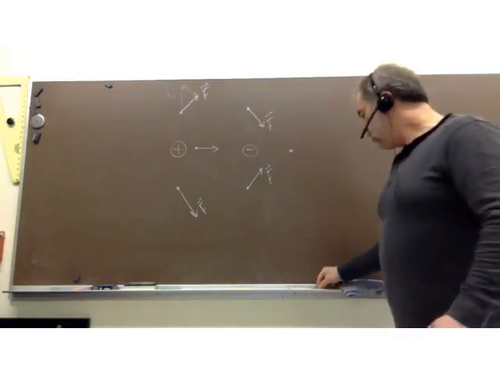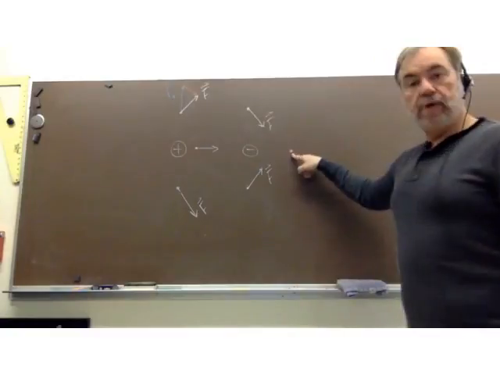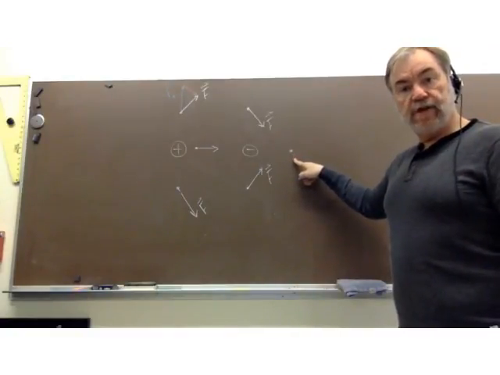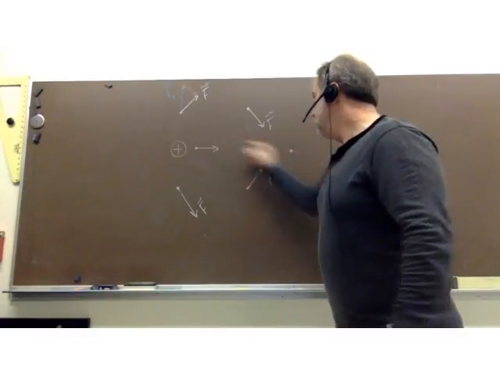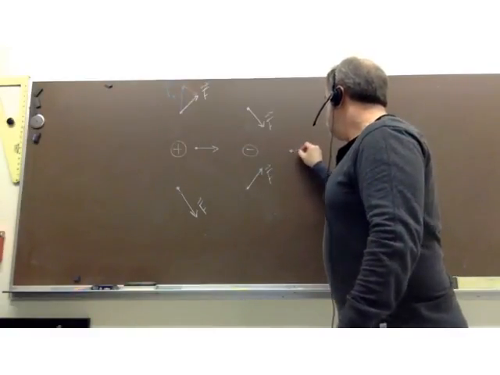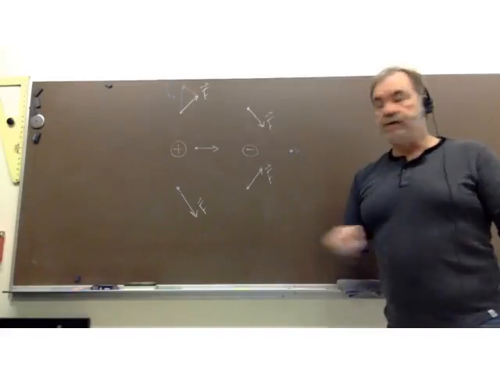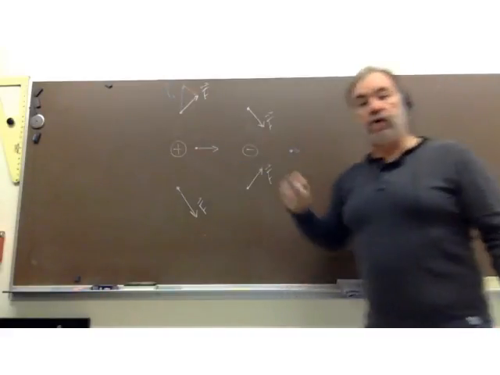At this point here, if I put a positive test charge right there, it would be weakly repelled by the positive charge, weakly because it's so far away from it.